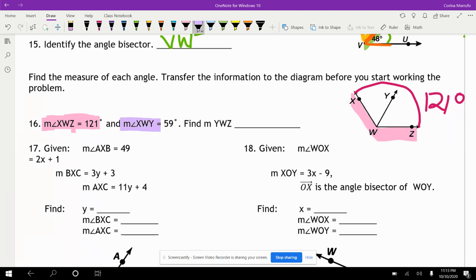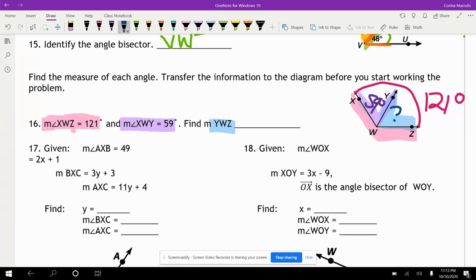Then they tell us that the measure of XWY is 59. XWY is 59 degrees. Okay, so then they want us to find YWZ. So they want us to find this angle in here. We don't know what it is. That's what we're looking for.